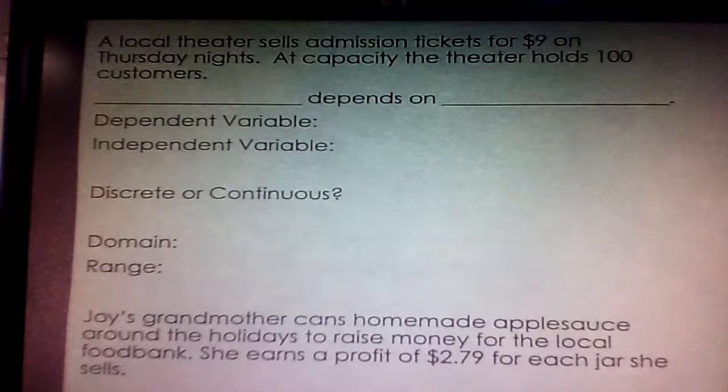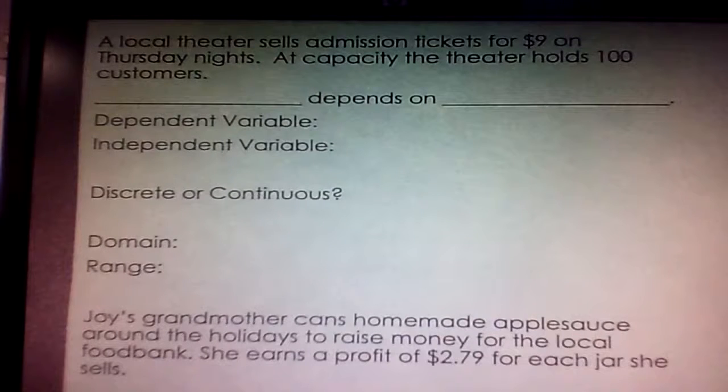All right. So it says a local theater sells admission tickets for $9 on Thursday nights. The capacity the theater holds is 100 customers. So what is my independent variable and what is my dependent variable? What can I control? The amount of people. The amount of money that I make depends on how many people show up.